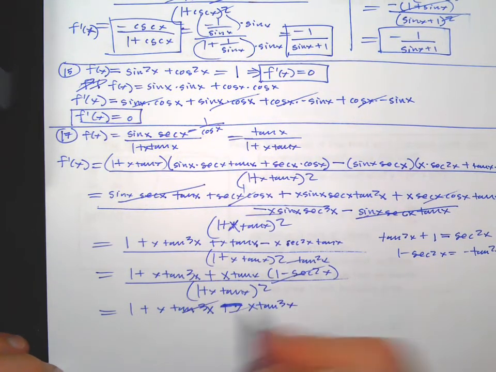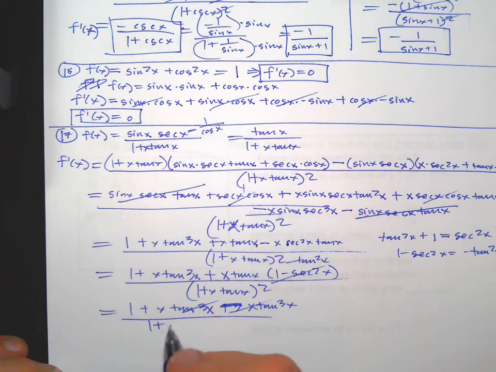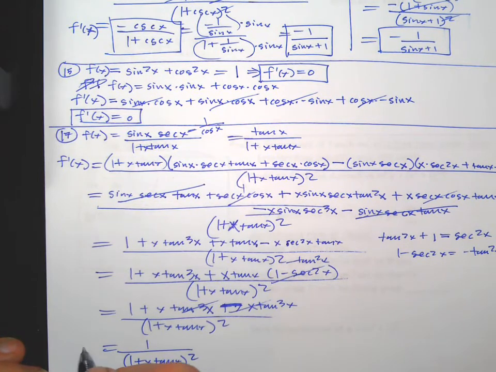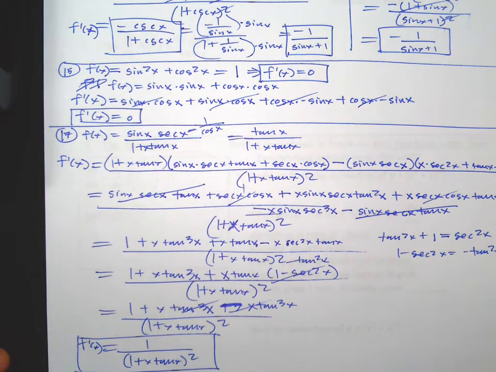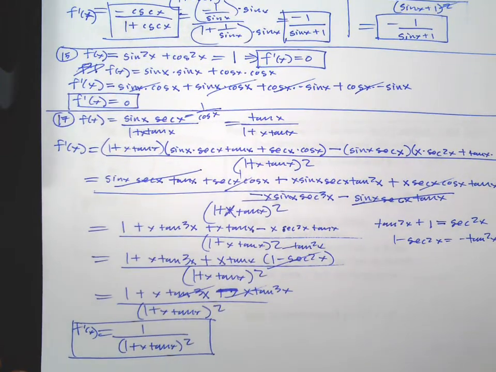So those guys cancel each other out, and we just get 1 over this. It's a lot of work. Clean these up. That's the nicest answer I feel like we can get to.